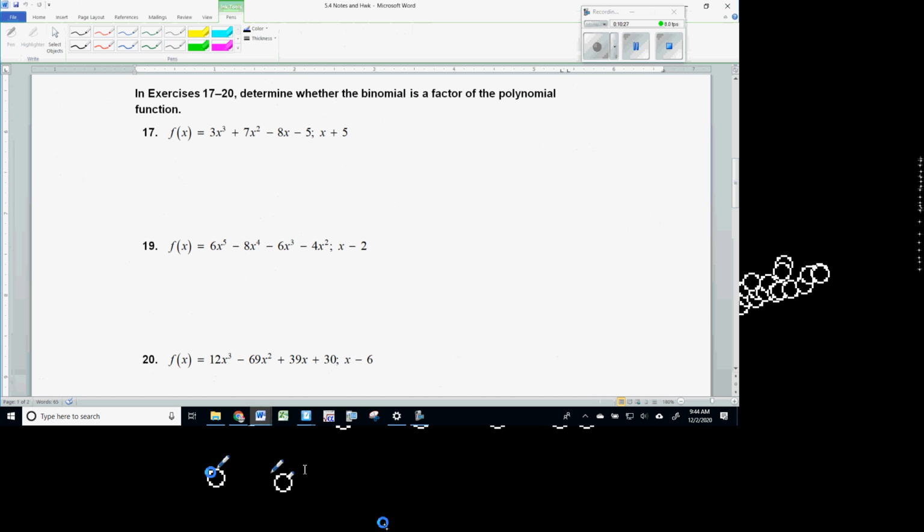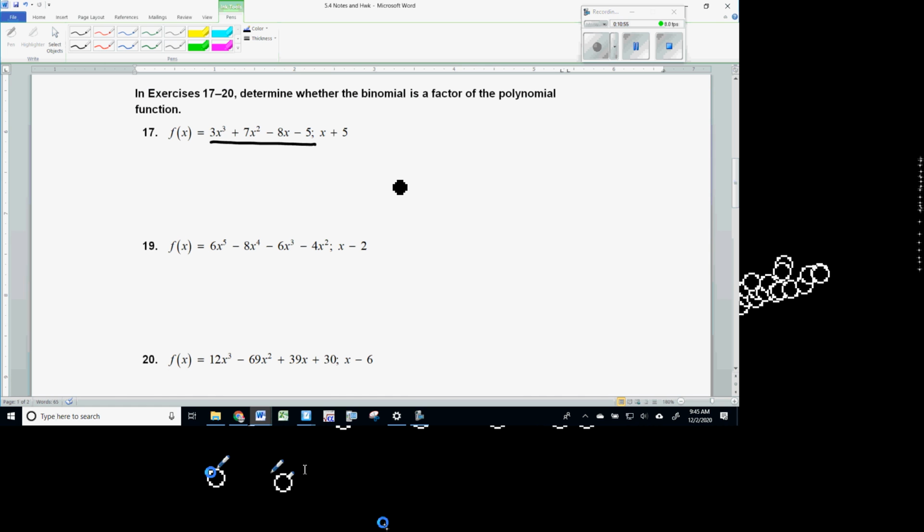Now that we have this polynomial, we can't look at that and factor it in our head, right? It's not a quadratic. You can't just say two numbers that add to give us this, multiply to give us this. That doesn't work anymore. But we can still determine if it's a factor. So what we're going to do is we're going to divide. And we're going to divide by using synthetic division.